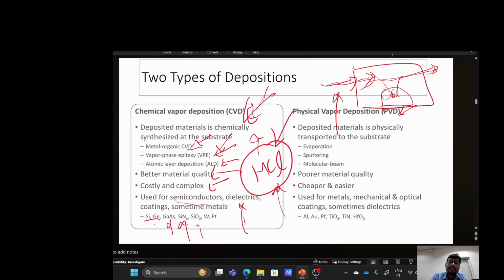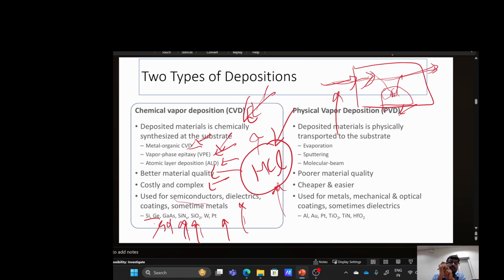In chemical vapor deposition, if you want to grow gallium arsenide or silicon nitride or silicon oxide, these are compounds, so you need two precursors.